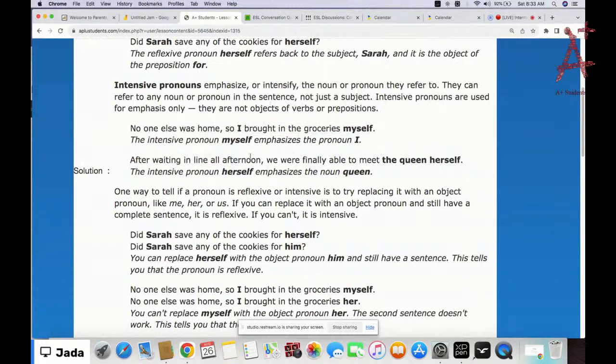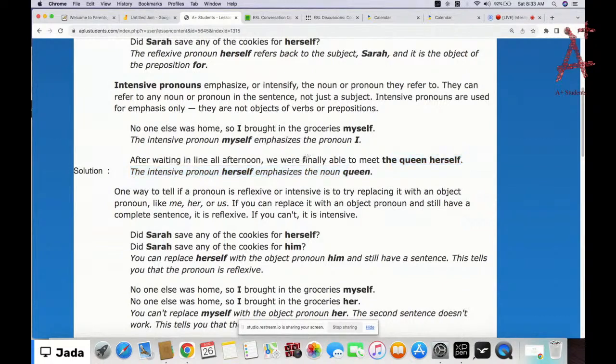The intensive pronoun herself emphasizes the noun queen. So note that it emphasizes the pronoun or noun in the sentence. It doesn't matter if it's the subject or not. It's going to emphasize any noun that it needs to intensify in the sentence.